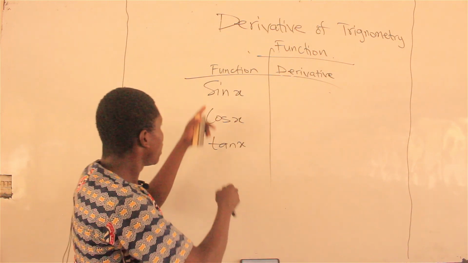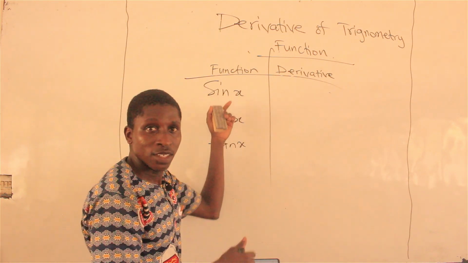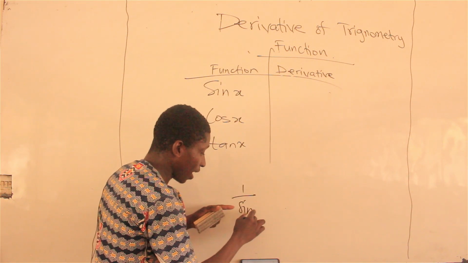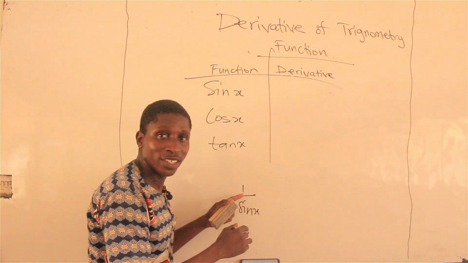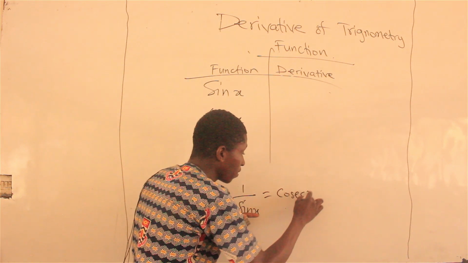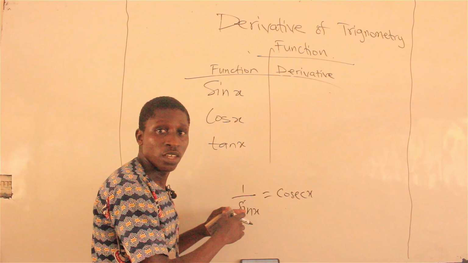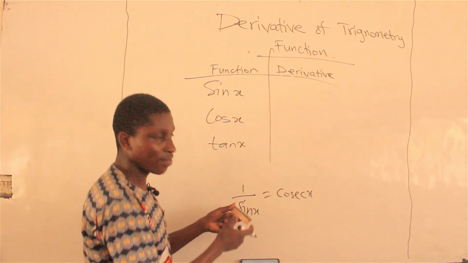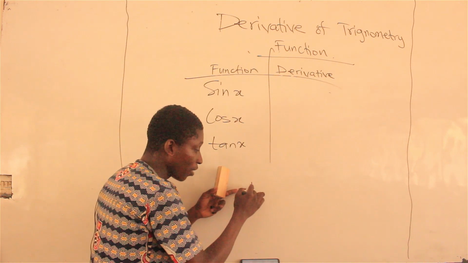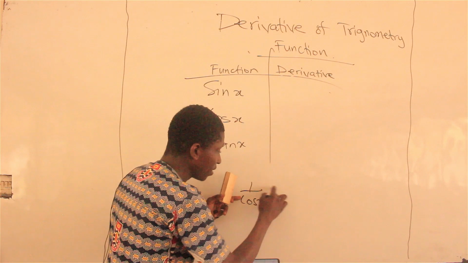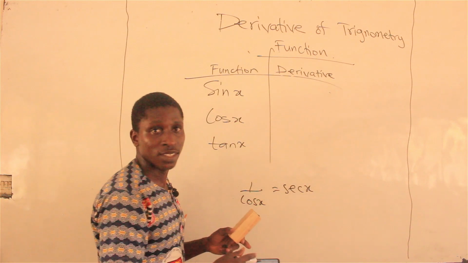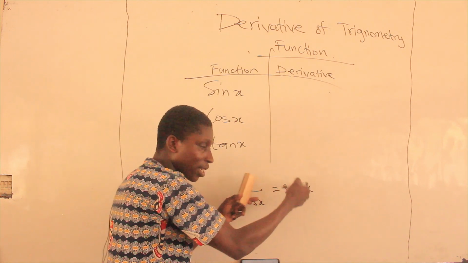Take note, if I have sine s, 1 over sine s gives me cosec. Also, 1 over cos s gives me sec s.